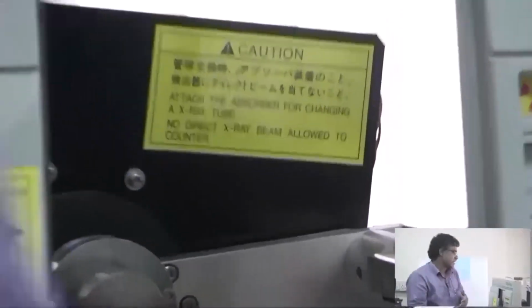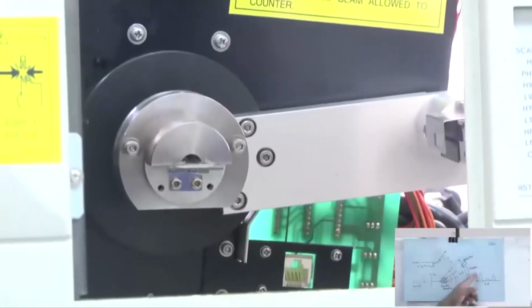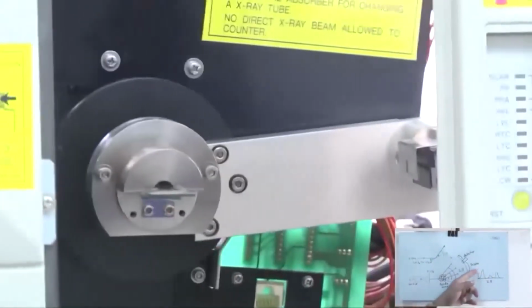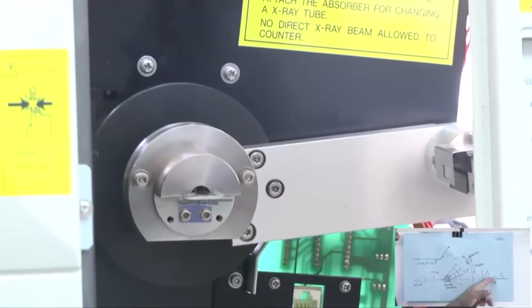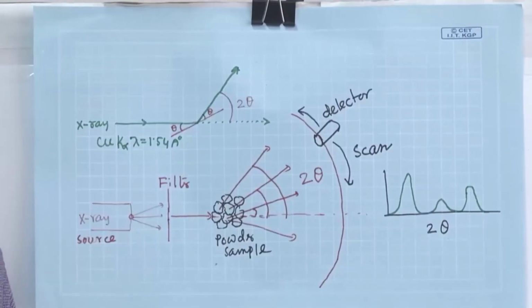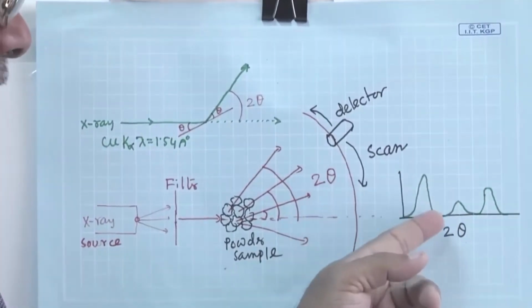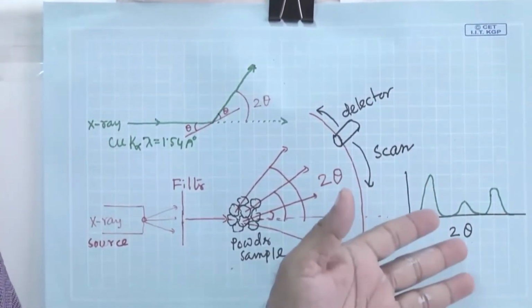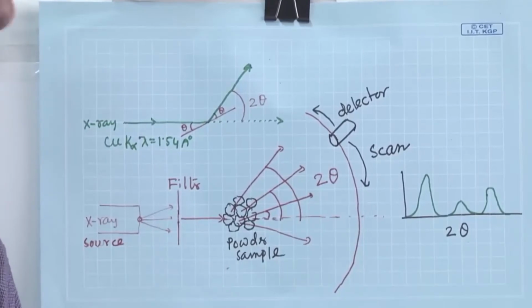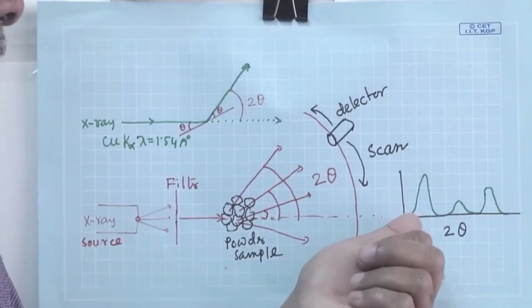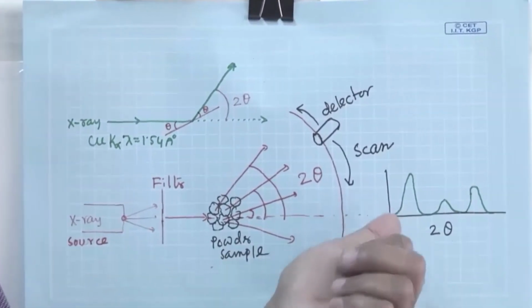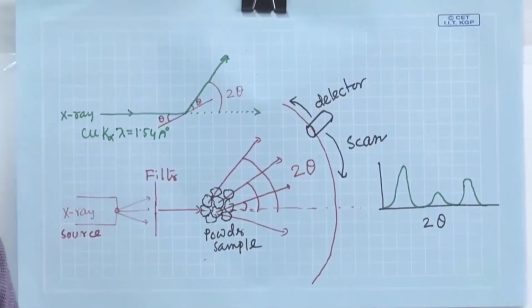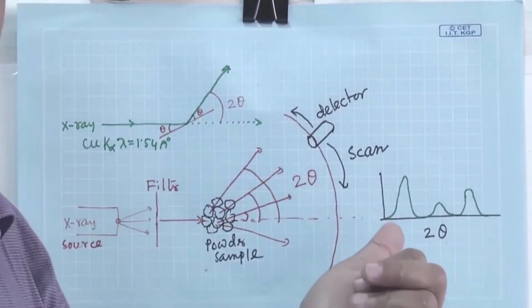As I mentioned, it is interfaced with the computer. On the computer screen you will see this type of diffraction pattern. Using this diffraction pattern one has to analyze and find out the different parameters of our interest.